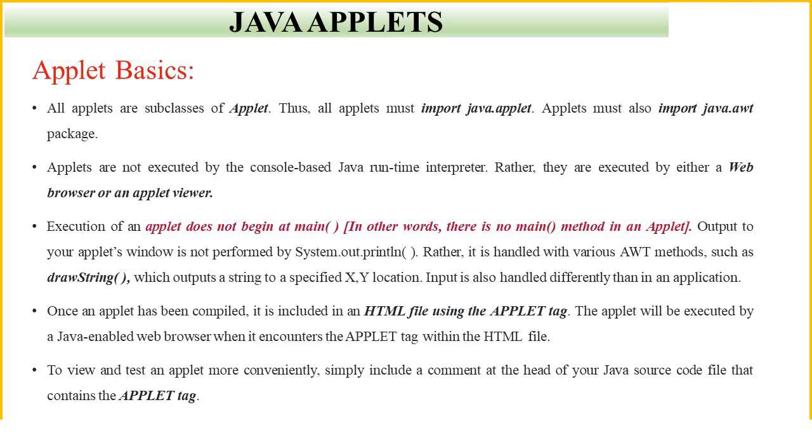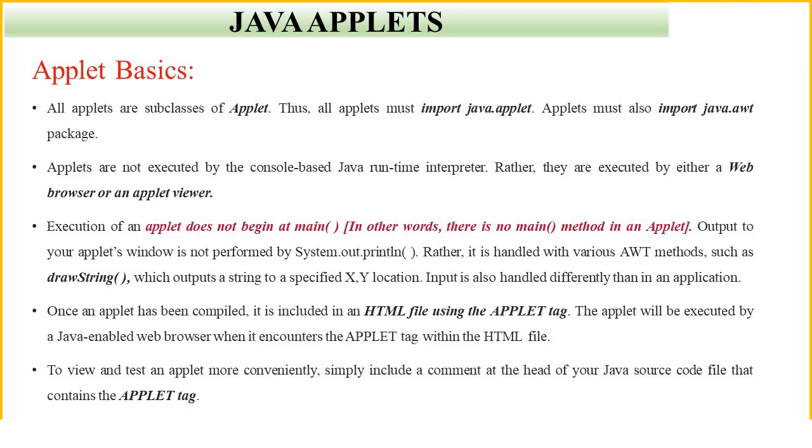Output to your applet's window is not performed by System.out.println. Rather, it is handled with various AWT methods such as drawString, which outputs a string to a specified XY location. Input is also handled differently than in an application.